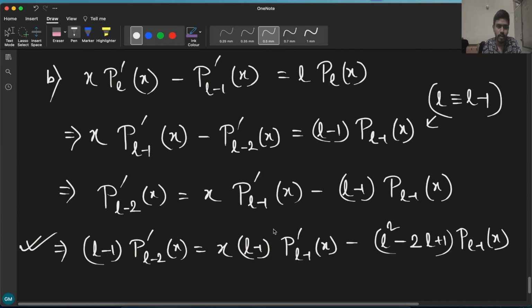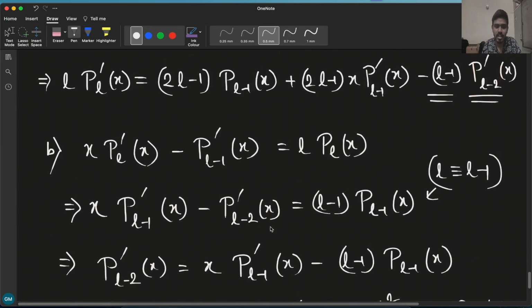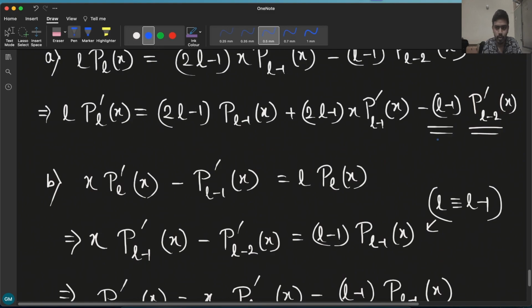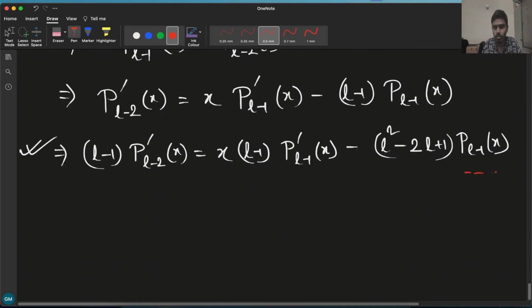Now if I put this value of L minus 1 times p dash L minus 2x here, what we are left with is, let me call it equation 1, and this one equation 2.